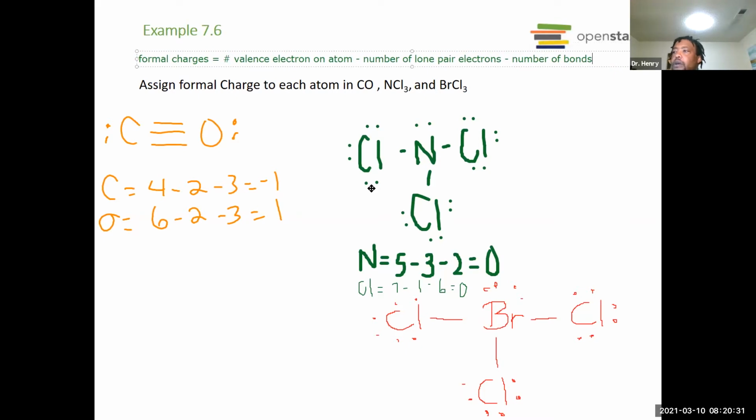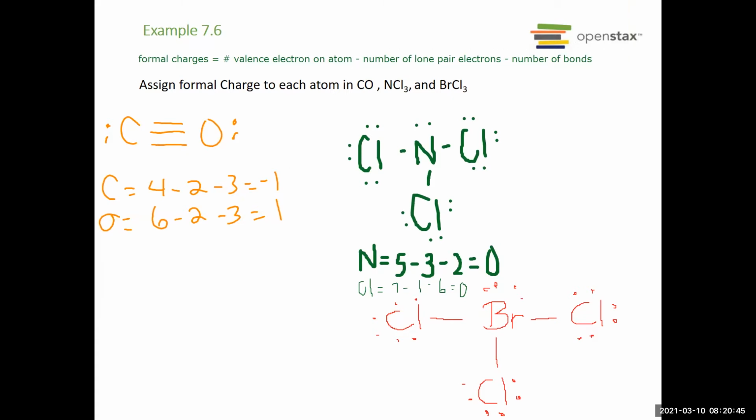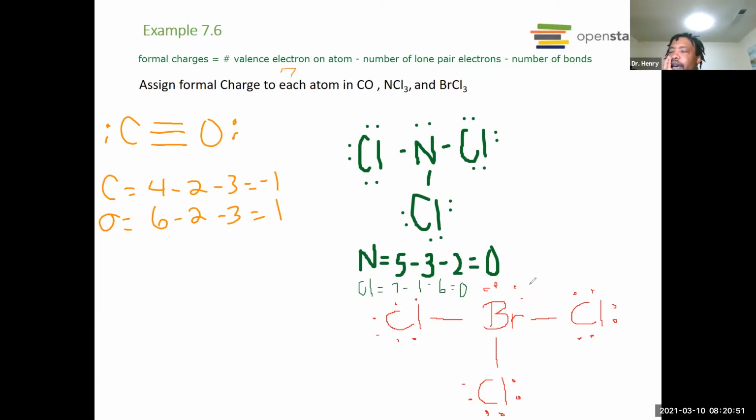Okay, so for Br, how many valence electrons do we have? Seven. Okay, how many lone pairs do we have around this Br?